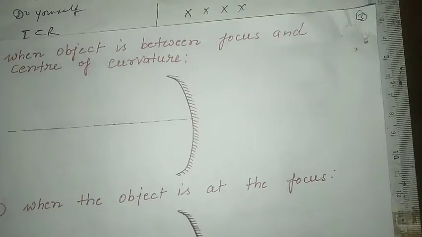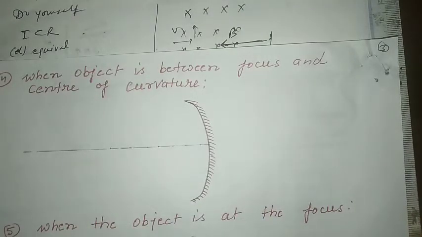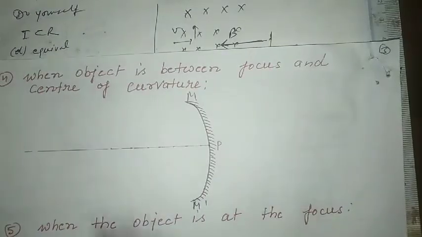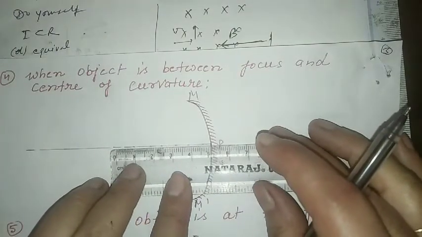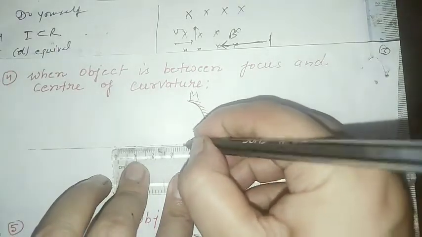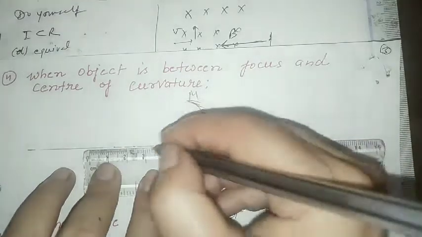Now the fourth case is there. Again we are having here P. This is P, M, M dash, and this time I am taking this as 1.5, not 1, 2. This is 1.5 and here is also 1.5.